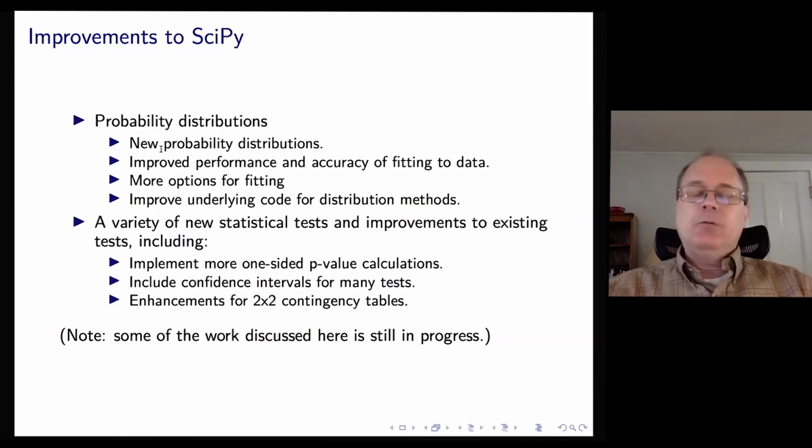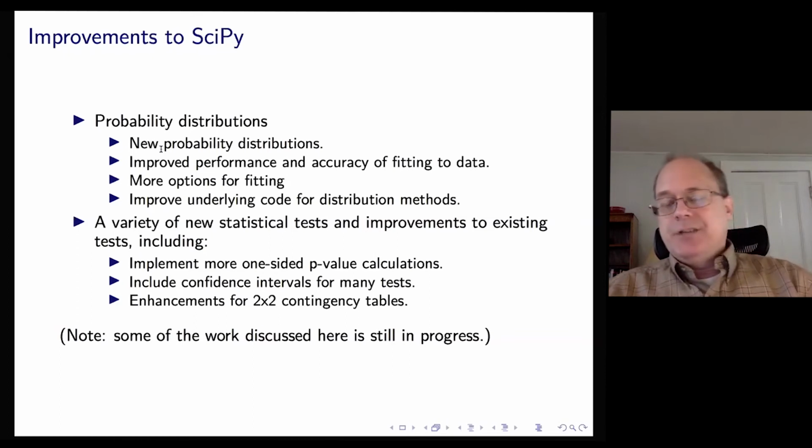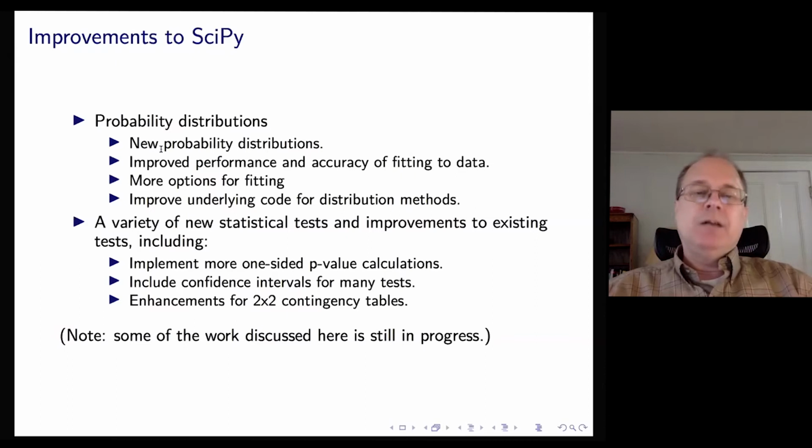So we went through some basic classic texts on statistics and asked what is not in SciPy that should be there. We picked out a few topics to include as part of our proposal. So this is a short summary of what we focused our work on.